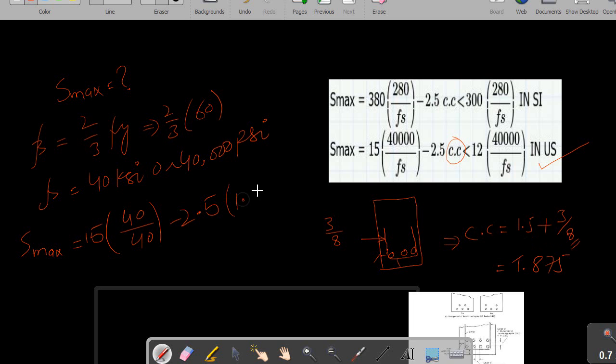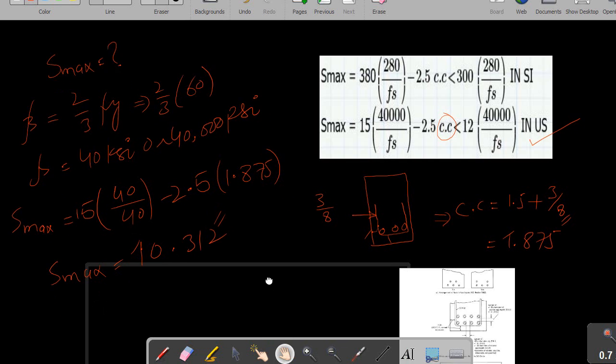This is multiplied by 1.875 clear cover. So from this, let me use my calculator, I got 10.312 inches, which is the S max value.